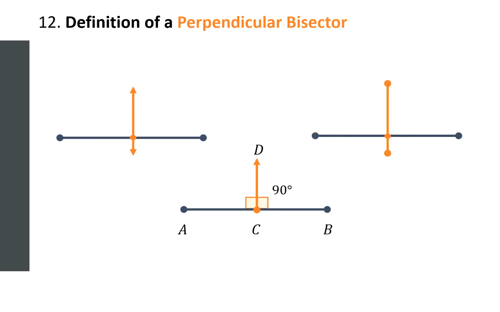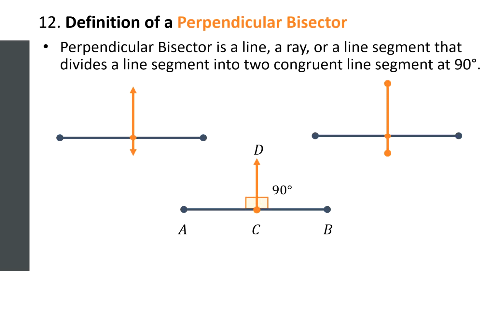Number 12, definition of perpendicular bisector. So, pag sinabi nating bisector, to divide into two congruent parts. So, it means na pag sinabi nating perpendicular bisector, hahatiin yung line segment, no? So, para mahati natin yung line segment, pwede siyang maging line, just like doon sa example natin.